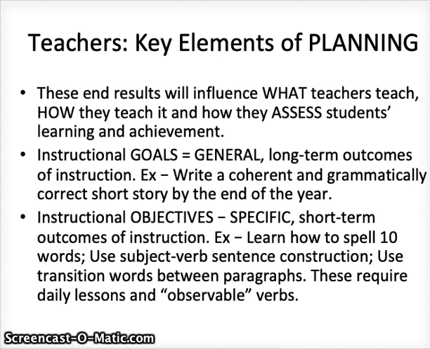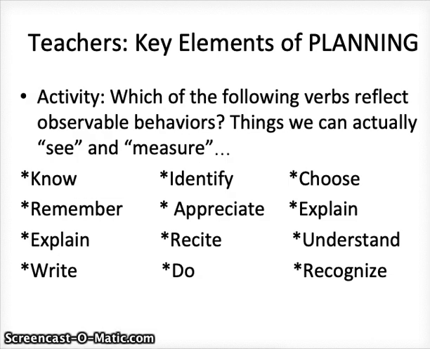These are going to require daily lessons, and then some observable verbs when we write an objective. We're going to talk about that in a second, to actually see if students are able to do that.